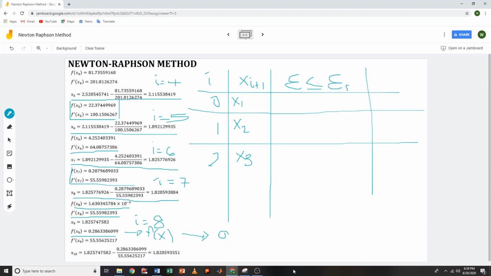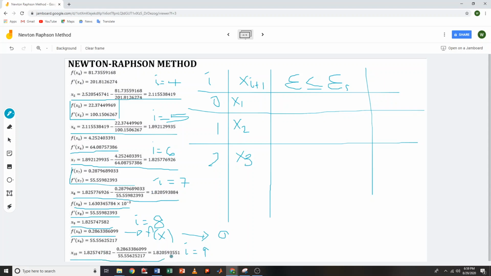And then similarly, if we have another iteration, i equal to 9, we can get x10. So x10 is the same as x9 and x8.